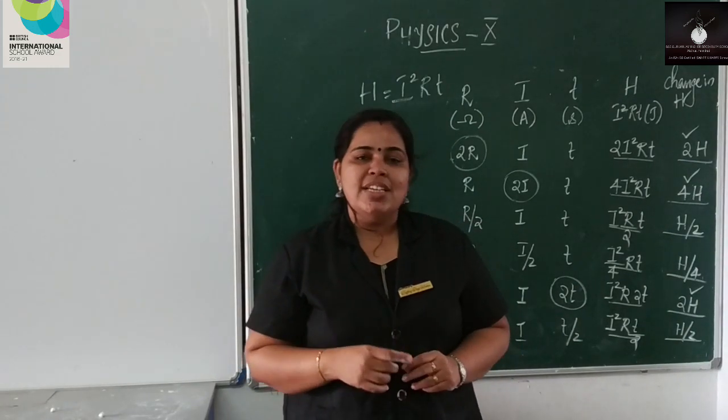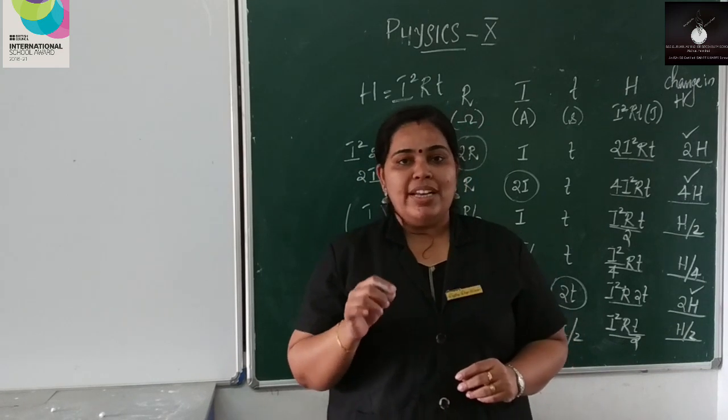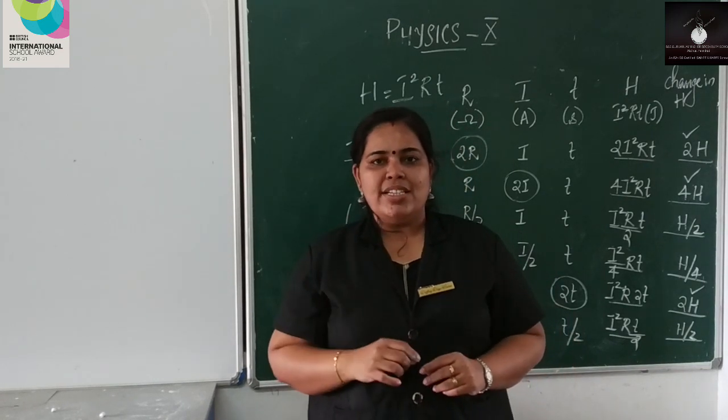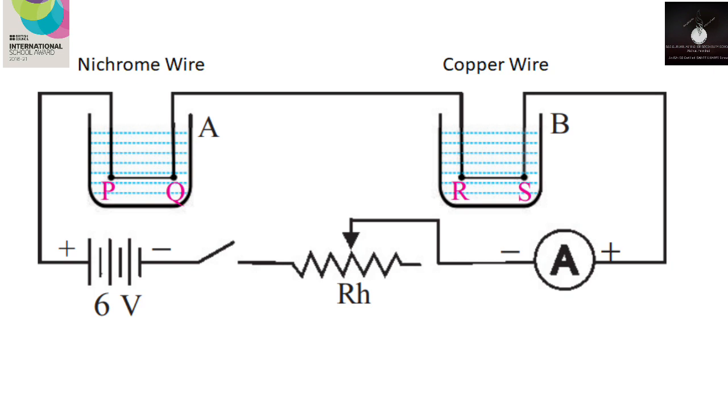There is an experiment given in your textbook on page number 11. Just look at that circuit diagram. Here you can see two beakers A and B of 200 ml capacity. Each beaker contains 100 ml of water. PQ, which is immersed in beaker A, is a nichrome wire.